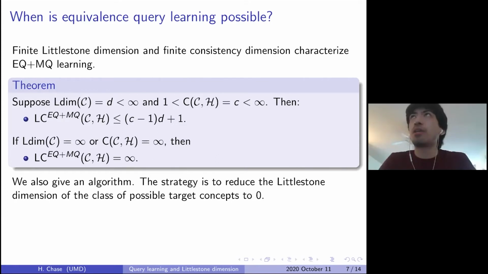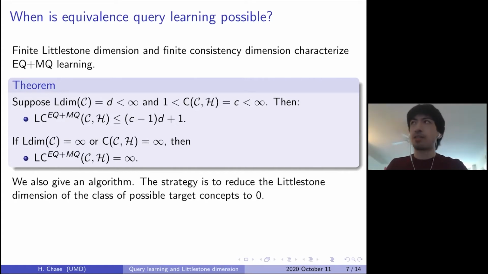This will be all intervals of the form from x to infinity on the real line. This will have finite consistency dimension. And here I'm taking both the hypothesis class and the concept class to be the same thing.